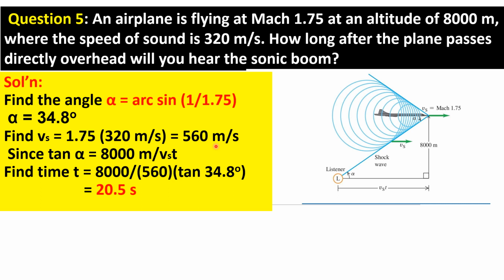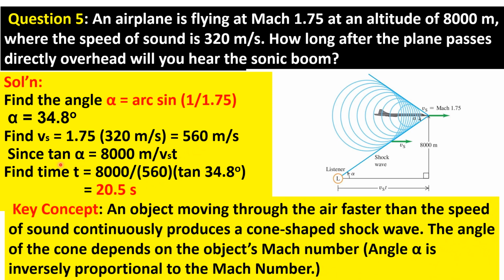All right. What we are looking for is the time it takes for you to be able to hear the sonic boom, the time exactly after the airplane passed you overhead. To do that, we use the fact that time is equal to distance divided by the speed. And from here, the value of tangent alpha can also be expressed as a ratio.